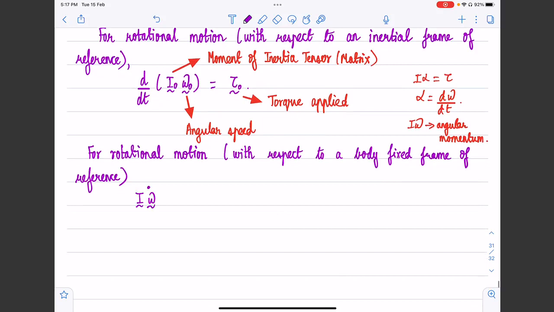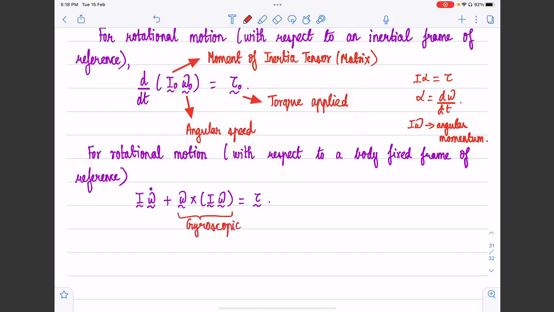Let me be very careful and put this dot only above omega, plus omega cross I omega, that is equal to tau. We can see that there is an additional term which comes on the left hand side of this equation, and I'm sure all of us would have heard about this term. It is what is called the gyroscopic term.